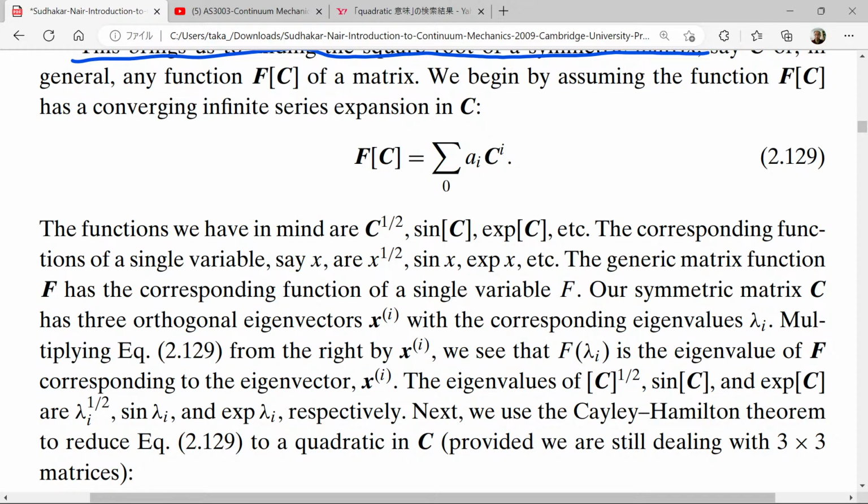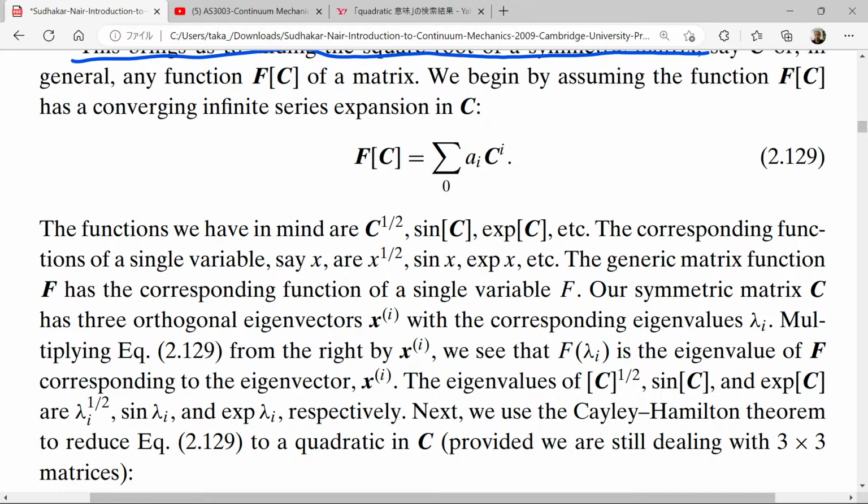The eigenvalues of C to the power 1/2, sine C and exponential C are lambda i to the 1/2, sine lambda i and exponential lambda i respectively.